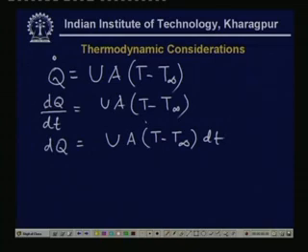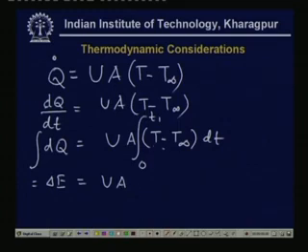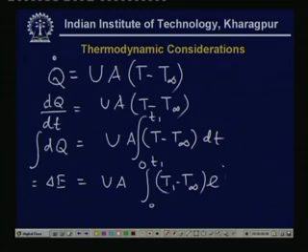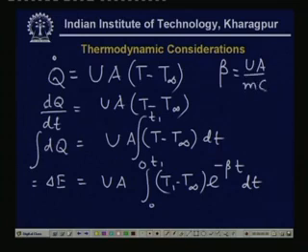Now, we integrate from, let us say, 0 to T1. This is the total heat input, and this will be equal to delta E, and that is equal to U A integral of (T1 minus T infinity) times e to the power minus beta t dt, where beta is again U A divided by m c.